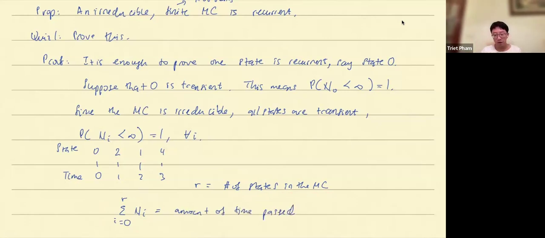Whenever you visit a state, the number of visits counts as 1, and if you return there again, it counts as 2, 3, etc. So if you sum the number of visits to all the states in the Markov chain, that's the amount of time that has passed. But of course, what kind of horizon are we looking at here? Infinite. Are we clear on this?